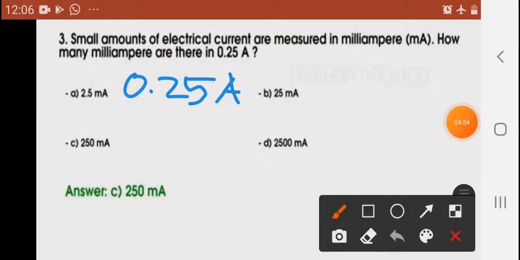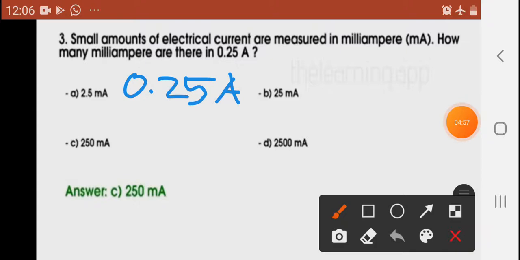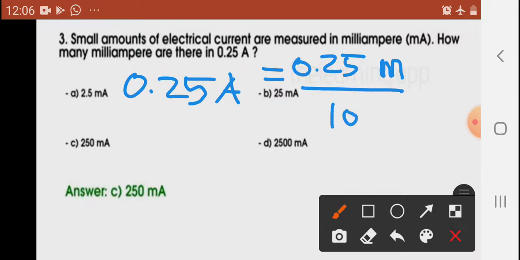So we can divide by milli, which is nothing but 10 power minus 3 ampere. So we multiply and divide by 10 power minus 3.